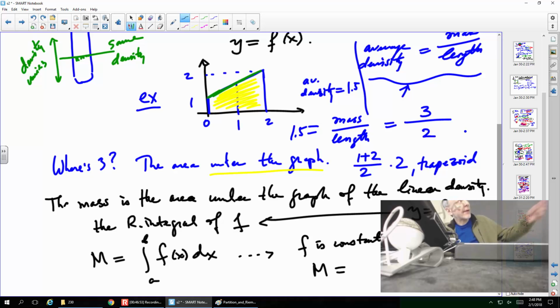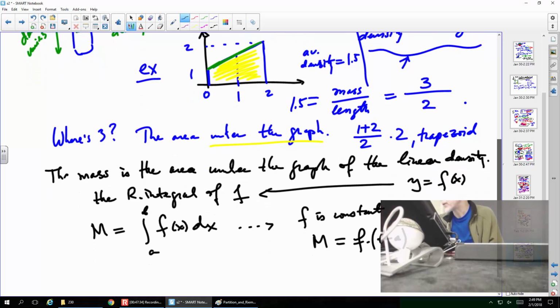Or think about what kind of shape we have instead of a trapezoid. We have a rectangle. The area of the rectangle is simply the base times the height, right? So it will be f times (b minus a). Once again, what we're getting here is that the mass is equal to density times the length, when the density is constant. But that certainly is too simple for us at this point to deal with. So the density will be a variable every time. And so that is my integral.